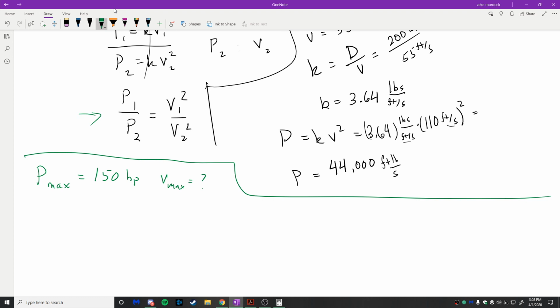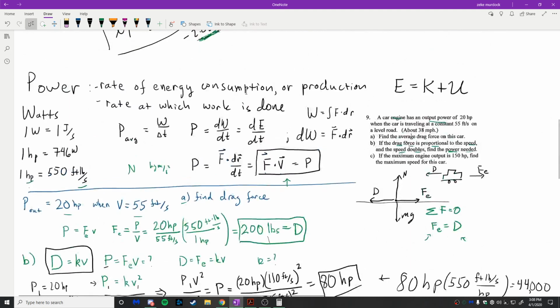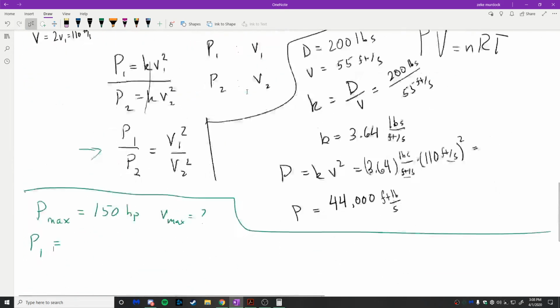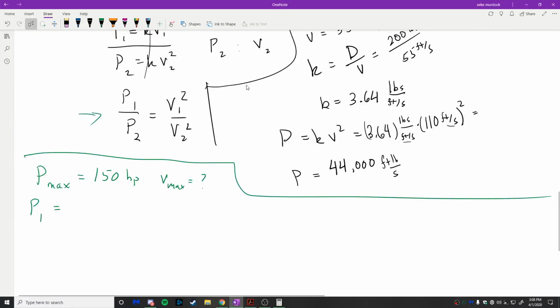We just know from earlier in the problem, if we take P1 equal to the power from the first part, which was 20 horsepower, and the velocity was 55 feet per second, right? So 20 horsepower corresponds to a velocity of 55 feet per second.